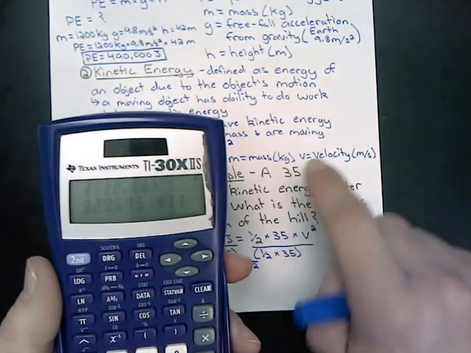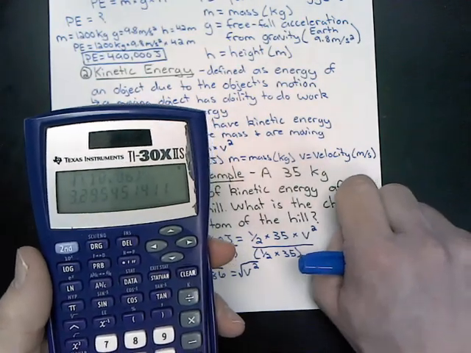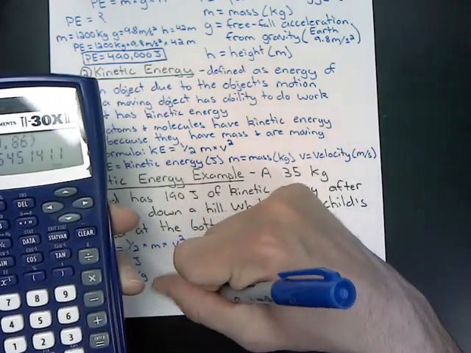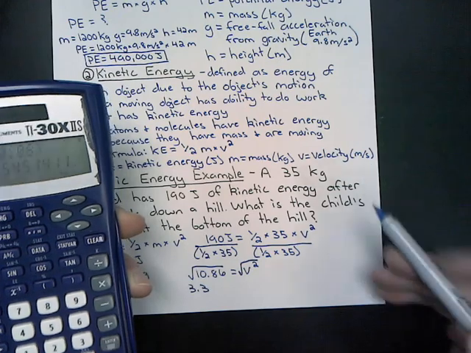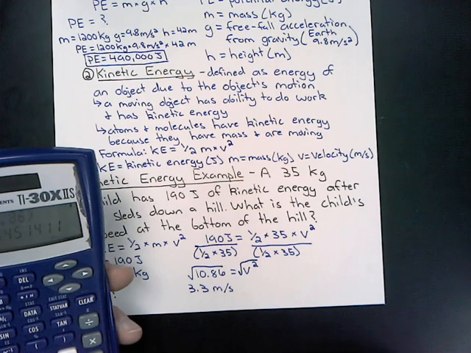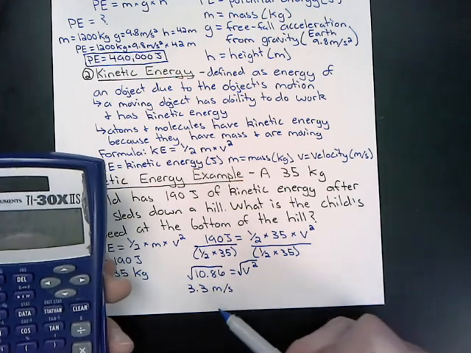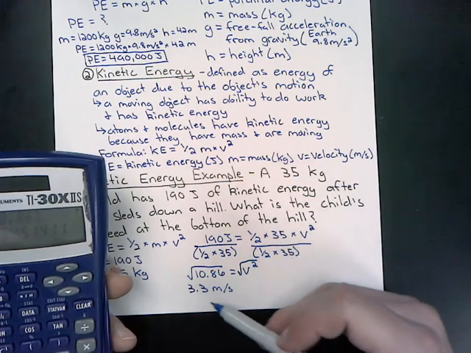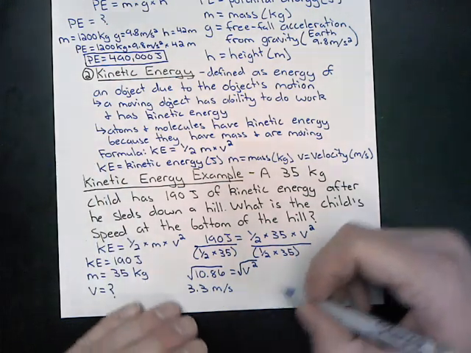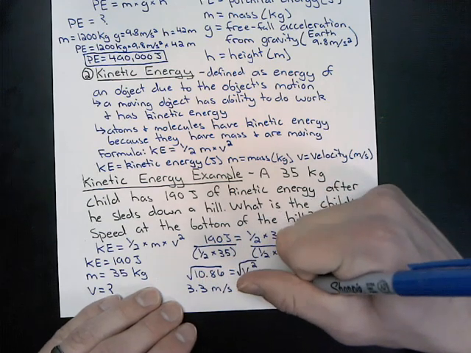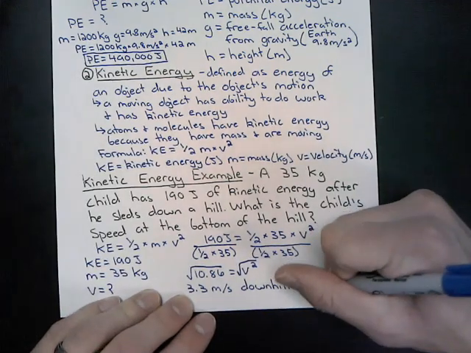So in this case here, my number is going to round to 3.3. 3.3, the units for velocity is meters per second. And then you have to think velocity. This right now is only speed. Velocity also includes direction. So this is 3.3 meters per second downhill. We have to include that direction because it is velocity. And this finally equals our v.